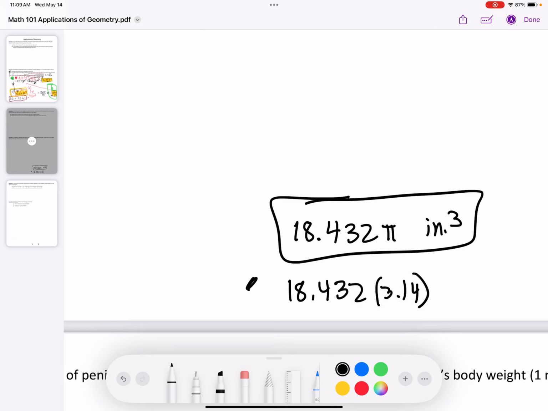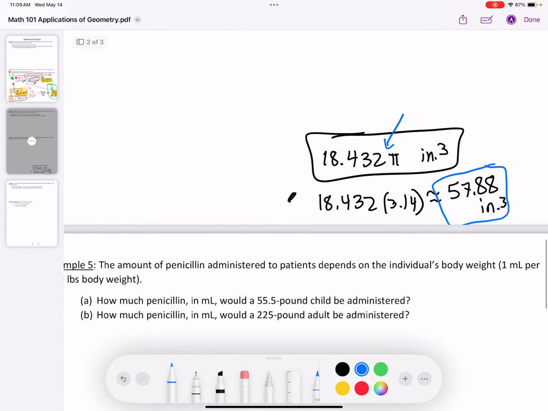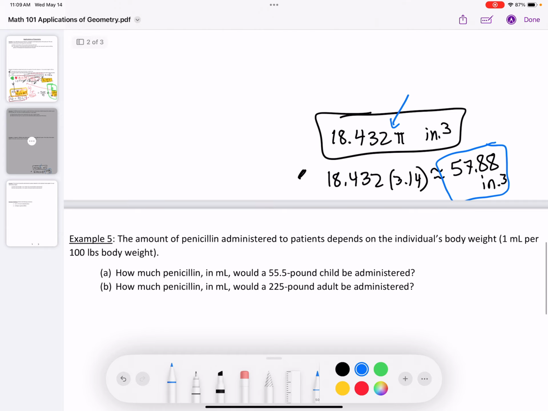There we go, times 3.14. That makes about 57.88 cubic inches. That's more practical, right? If I want to know how much water is in a water balloon, this is more practical. Leaving the pi there, in real life, I wouldn't do that. But it's exact. That's the nice thing. Anyway, sorry about the erasing, but there it is.